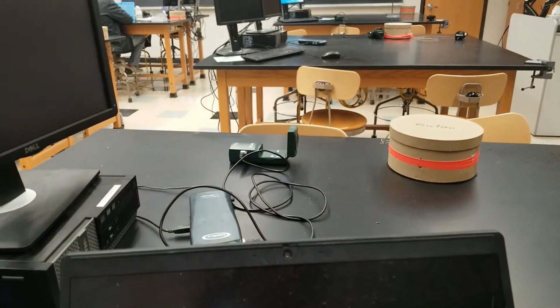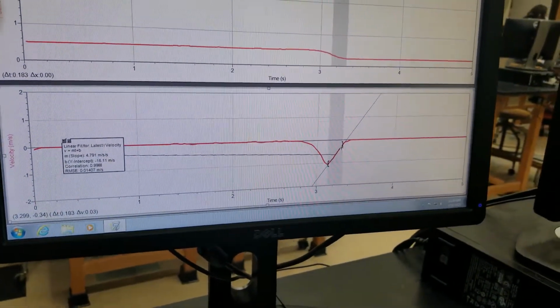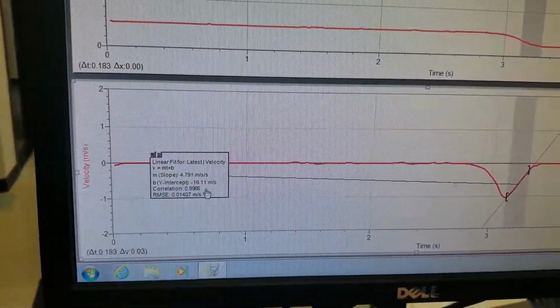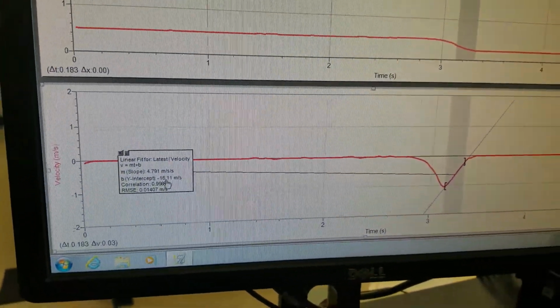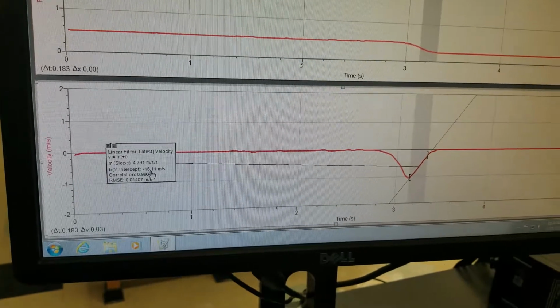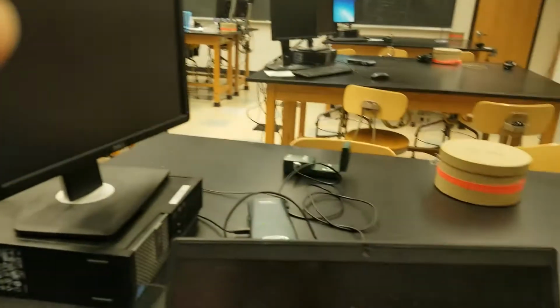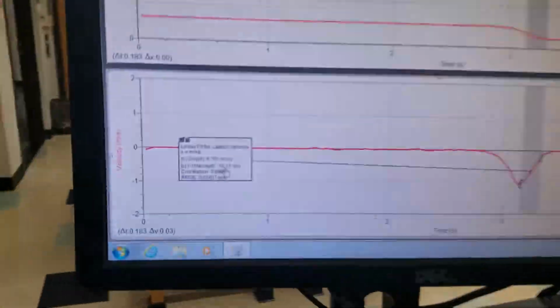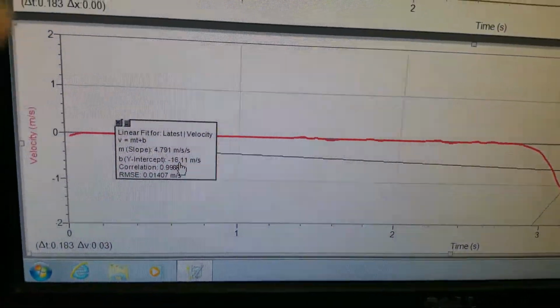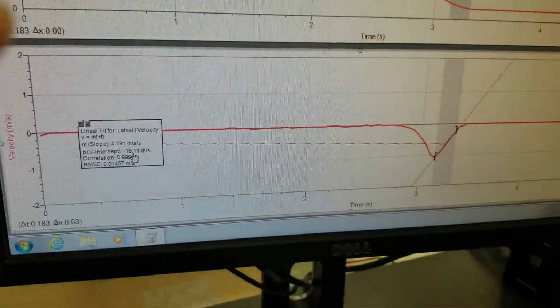Only kinetic friction force is acting on the box, so mass multiplied by this acceleration is another way to calculate the friction force. This is the kinetic friction force between the box and the desk. So for this case, the acceleration is 4.79 meters per second squared.